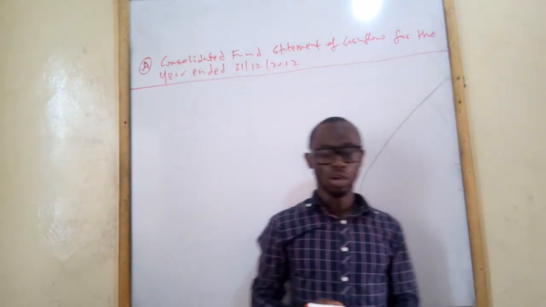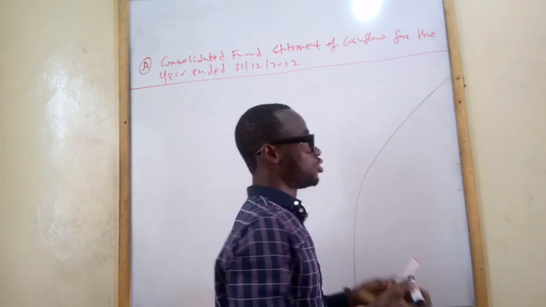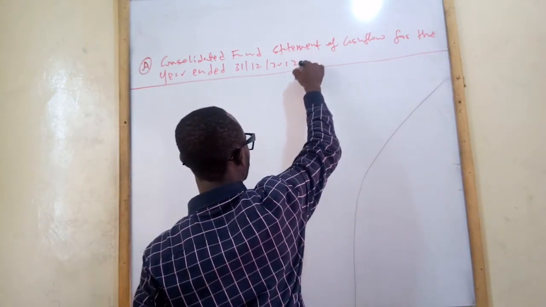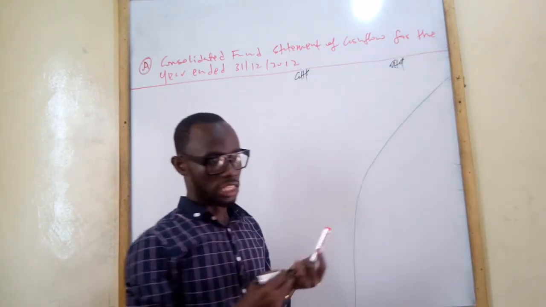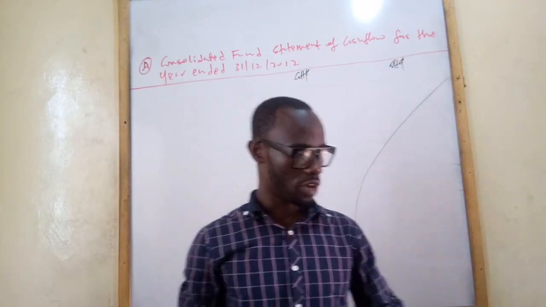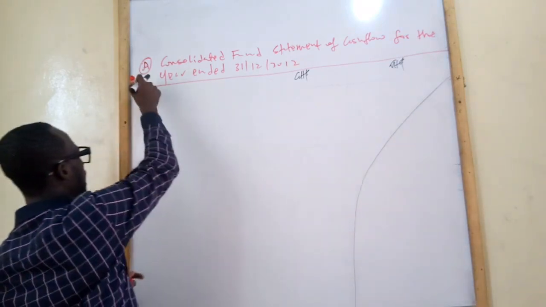Right, so we're going to just have a single cash column, but I can do two cash columns here. So I'm going to do two cash columns so that it will help us to do our presentation very well. Now, so we will start with operating activities.